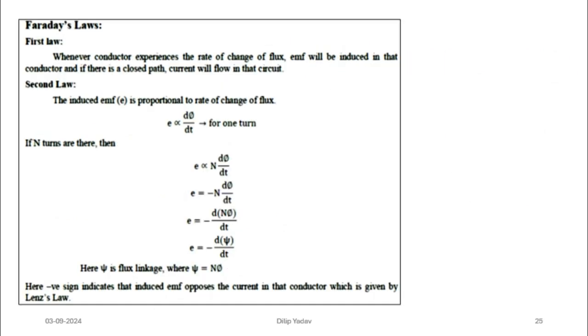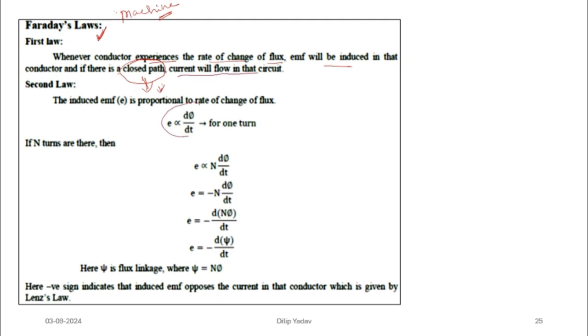Now coming forward, we have Faraday's law. Faraday's law plays an important role when we study machines. When a conductor experiences a rate of change of flux, an EMF will be induced. In this we have a closed path, as in our first class, where we said that current will flow in a circuit only when it is closed.